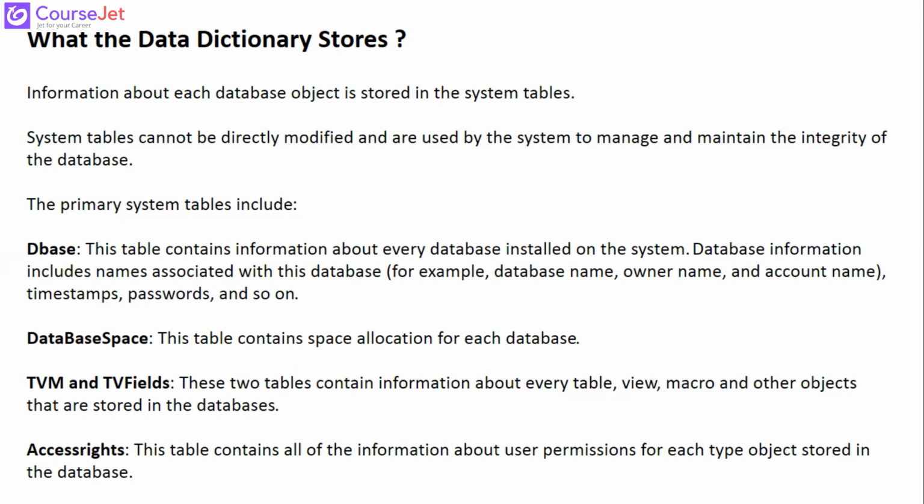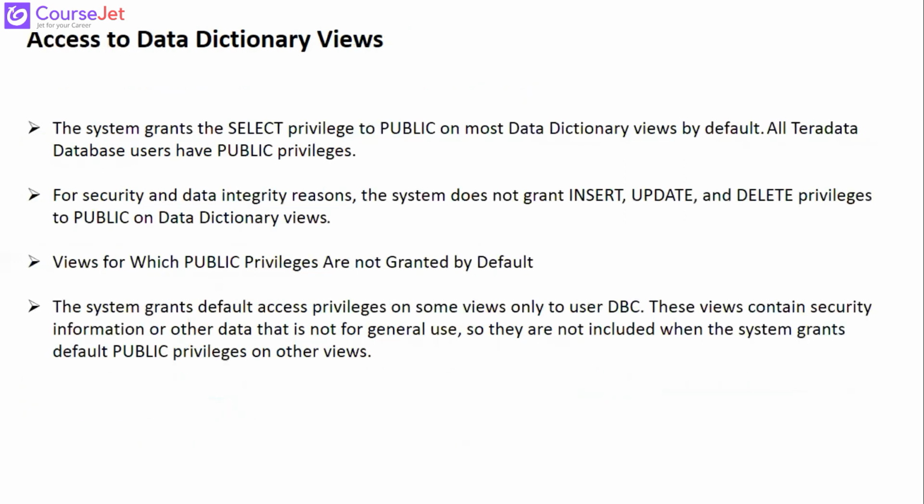Again, the other example is for access rights, where each object, what are the levels of access it contains, will be stored in this system table. Coming to the access to these data dictionary views, mostly the public users will be having access to most of the data dictionaries by default.